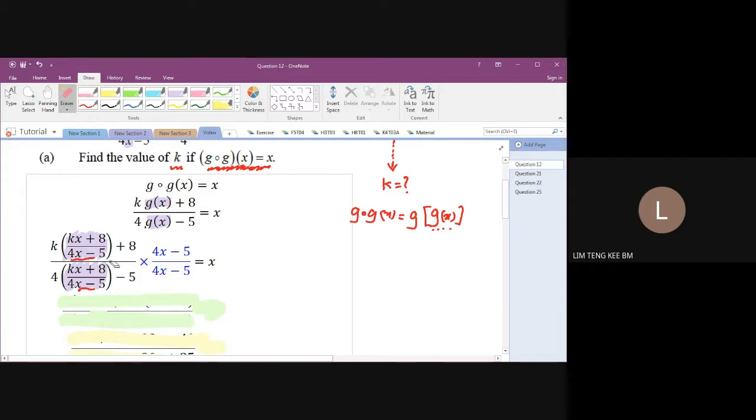Therefore, on top we have k multiplied with (kx plus 8), where multiplying 4x minus 5 with this part gives us k multiplied by (kx plus 8). And multiplied with the constant 8, this is what we have.